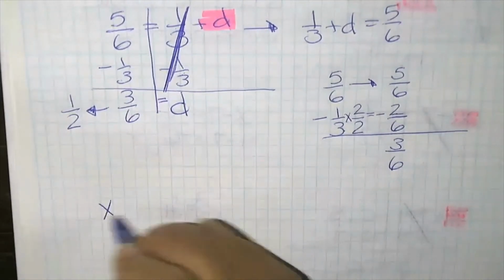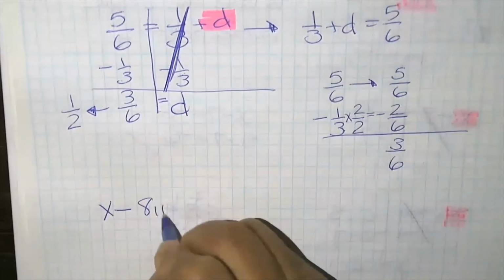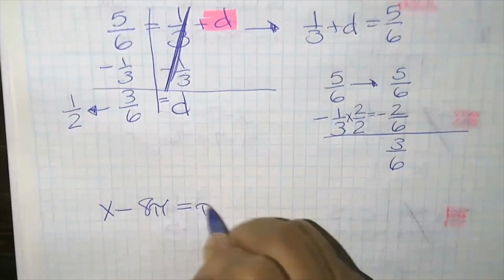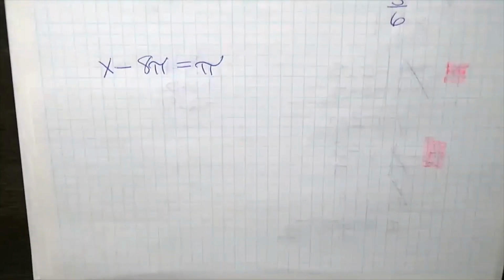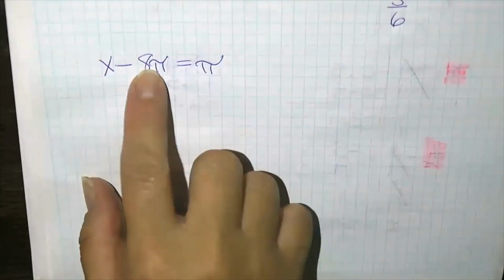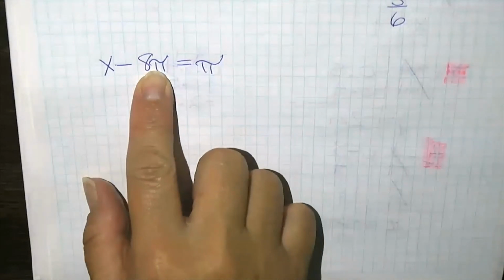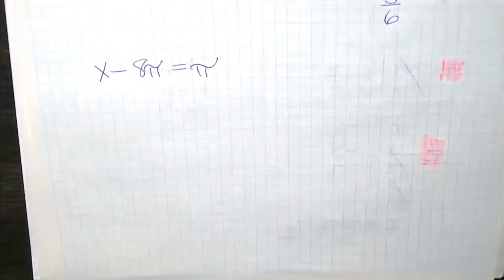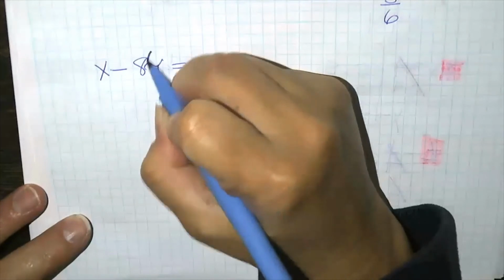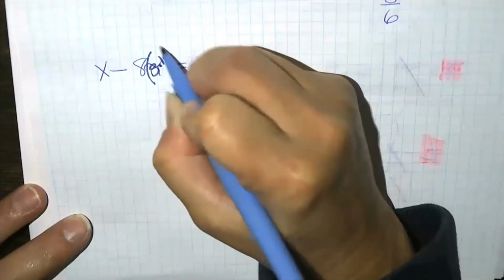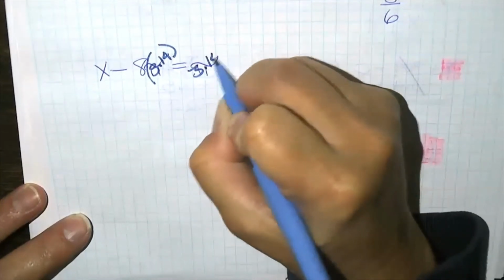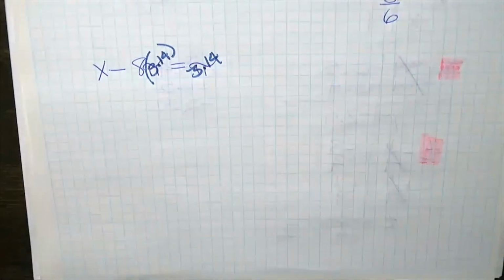X minus 8 pi equals pi. So remember, pi is a very specific number. And if it helps you, write 3.14 over it, because it is a very specific number.